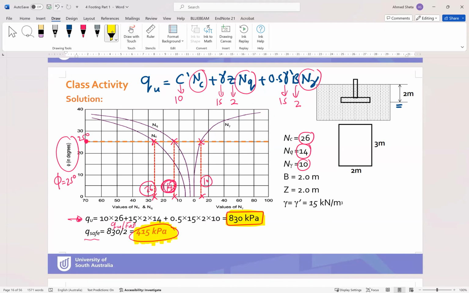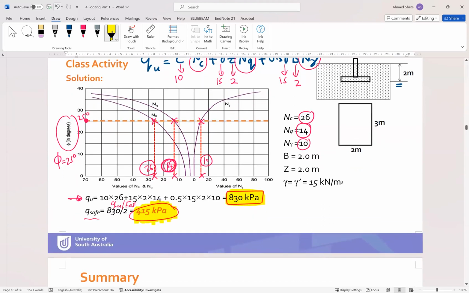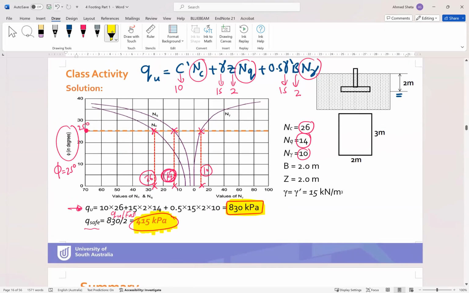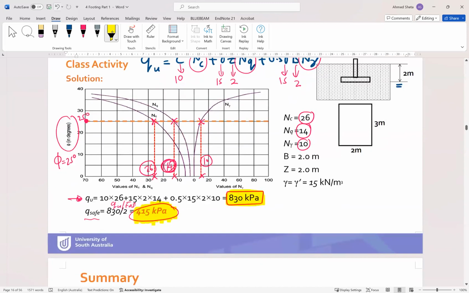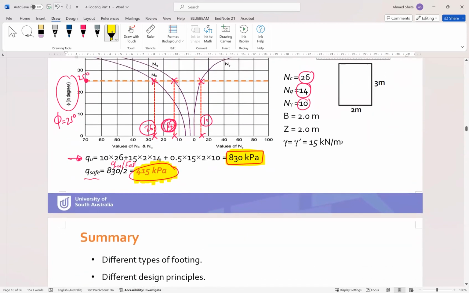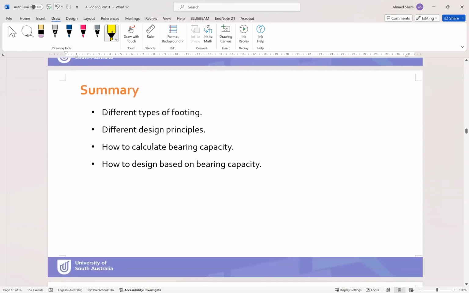So this is how to use the bearing capacity or bearing stress equation in the design, and that is the final part of our first topic, design of shallow footing based on bearing capacity. And here we will summarize what we have done.